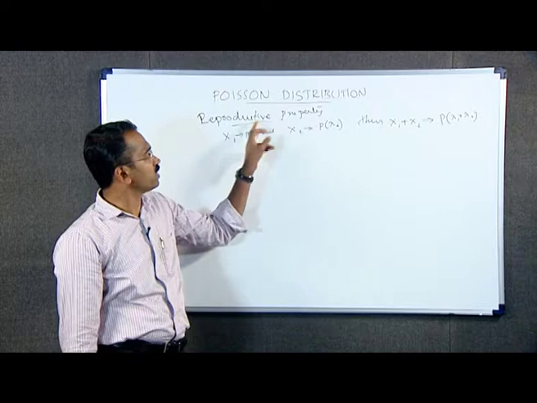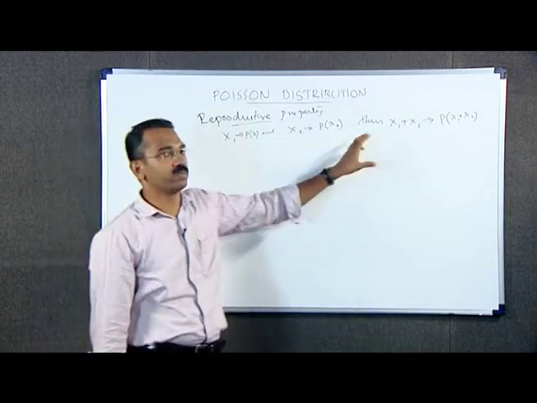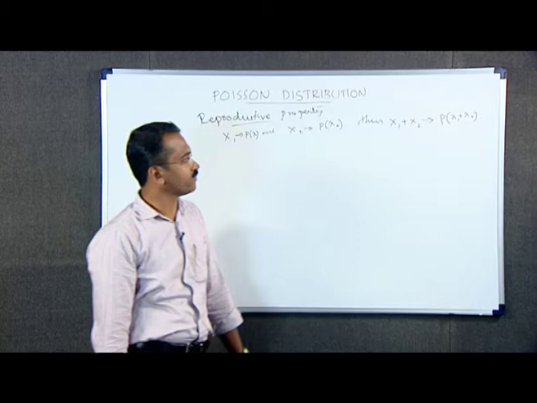This is the reproductive property or the additive property of the Poisson distribution.